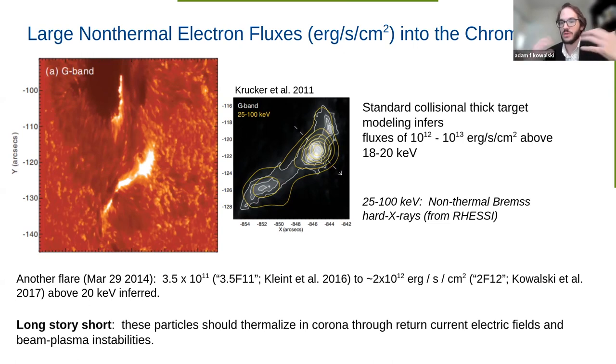It won't even reach the chromosphere if you have such large beam densities. And so what you'll have is a thermal flare, and the energy will be conducted into the chromosphere, and you'll see purely thermal X-rays in the foot points instead of non-thermal foot points, which is what are actually seen here.